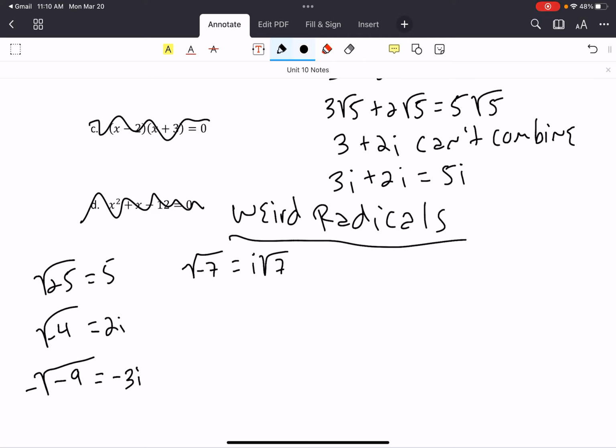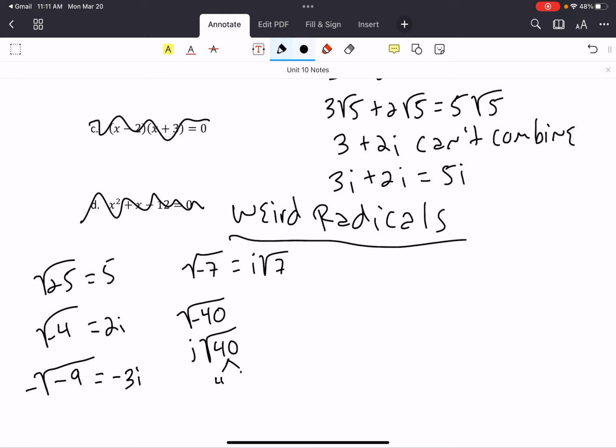Let's do a couple more like this, and then I think we're ready to apply it to what we did last time. What if I had square root of negative 40? What I would probably do is deal with the i first so I can forget it's there. So I'd first change it to i square root 40. Then I start making a factor tree. It ends in 0, so I could start with 10.